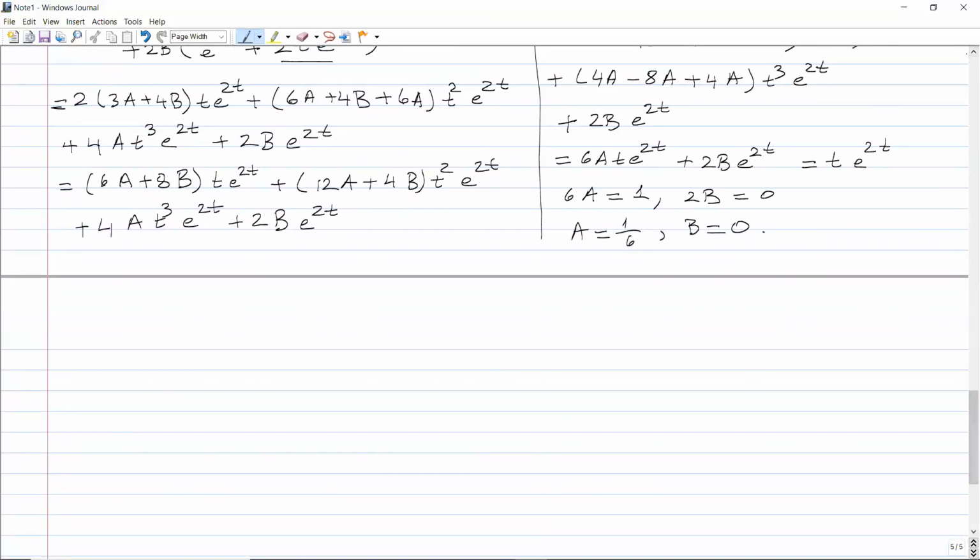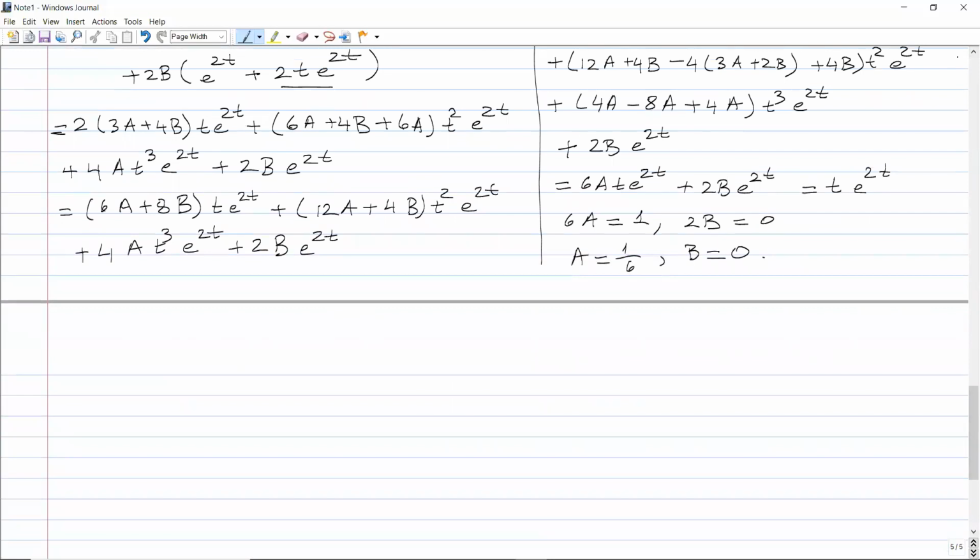So our particular solution then is 1 over 6 t cubed e to the 2t. Number b is 0, so we don't have the term with t squared e to the 2t. And the general solution, remember, is the homogeneous solution plus the particular solution.